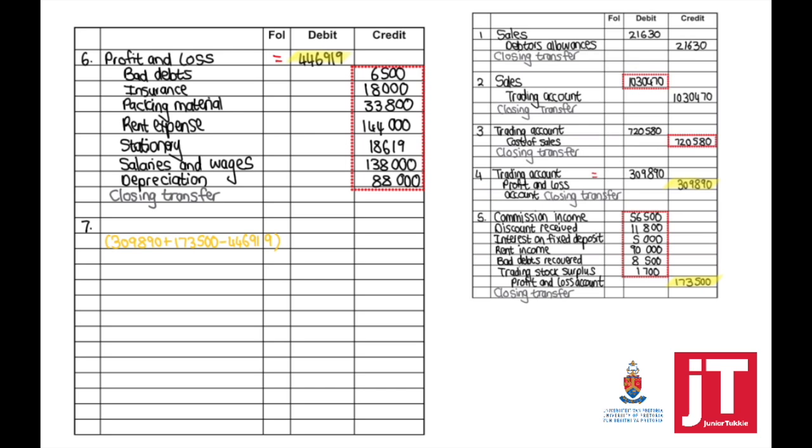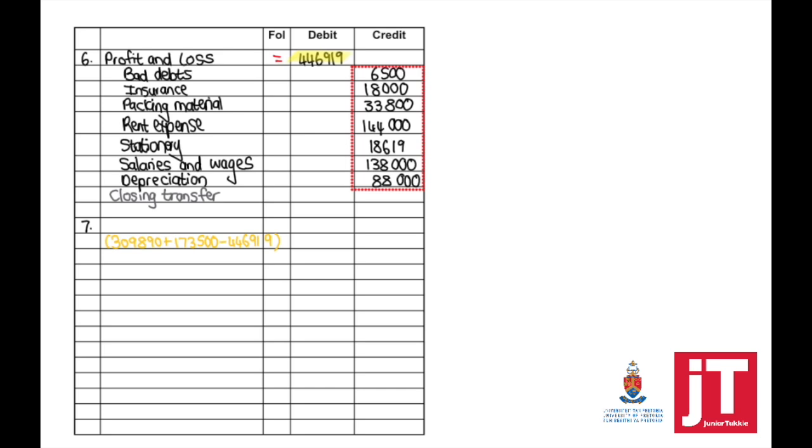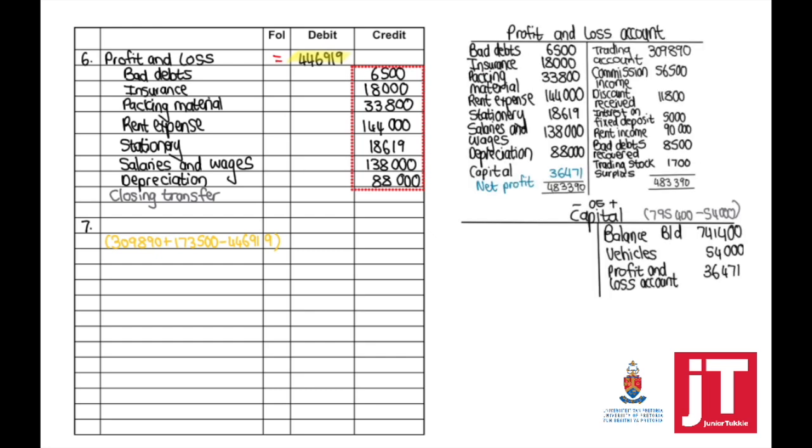So this is how it will look in your journal. Account debited is always written first, which means that if I'm looking at my T accounts, account debited is the profit and loss account, account credited is going to be capital, with 36,471.